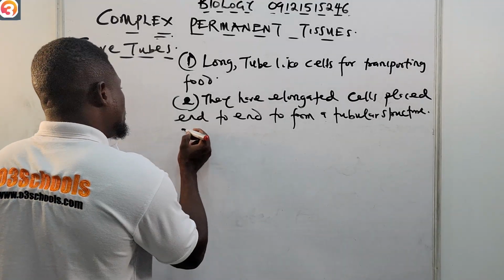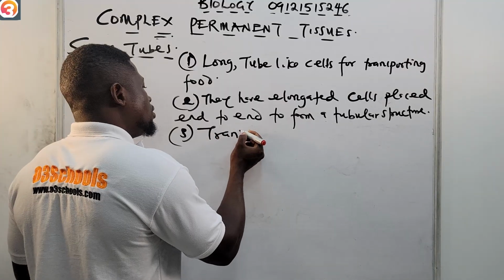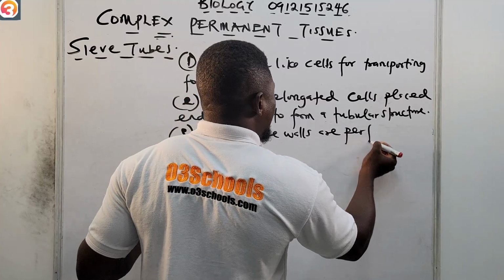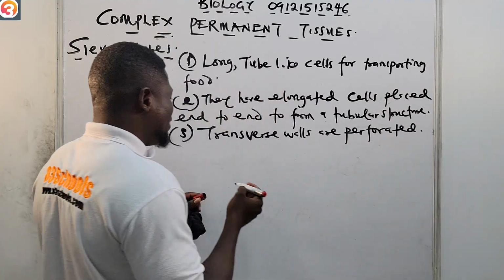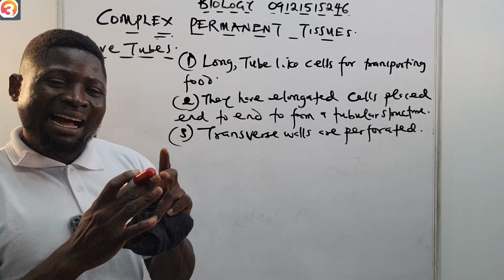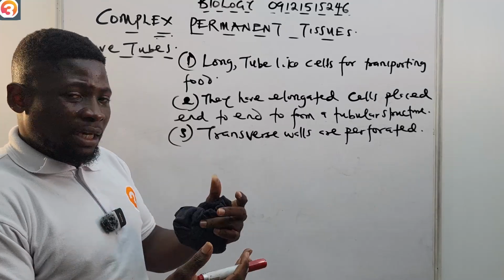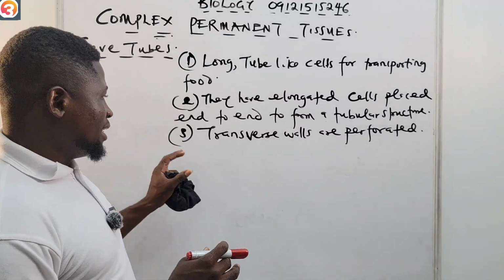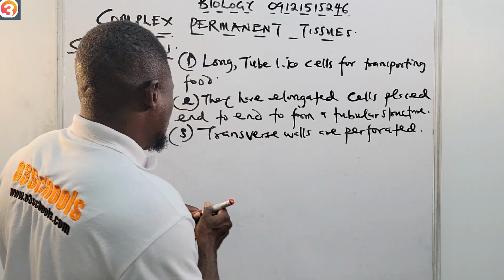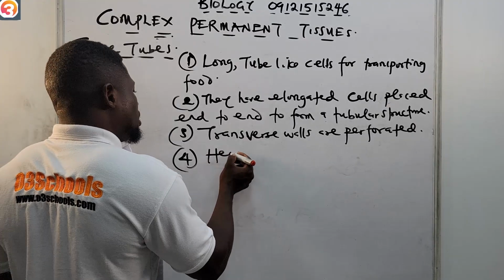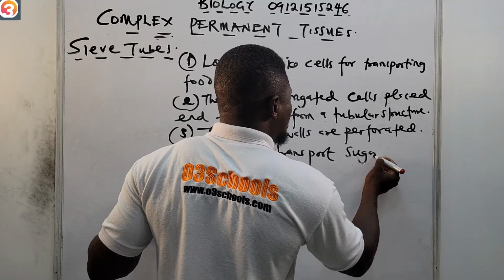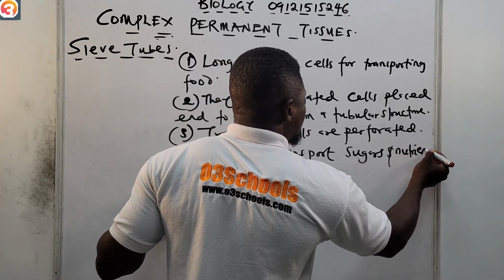Then number 3, transverse walls are perforated. Take note of that. Transverse walls of the sieve tubes are perforated, because they sieve. Then of course, number 4, they help to transport sugars, mostly sugars, and nutrients.